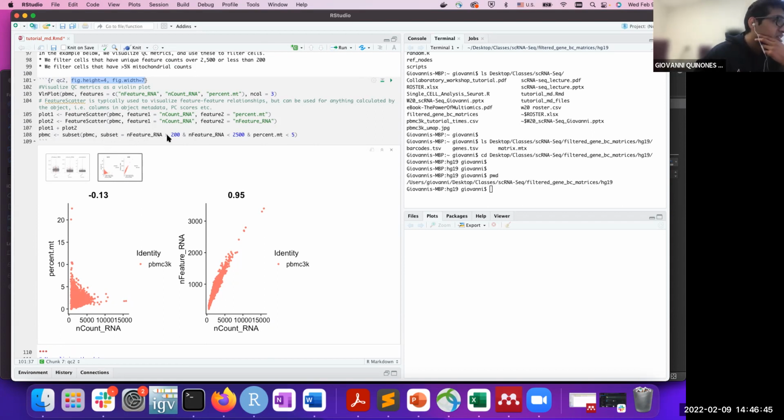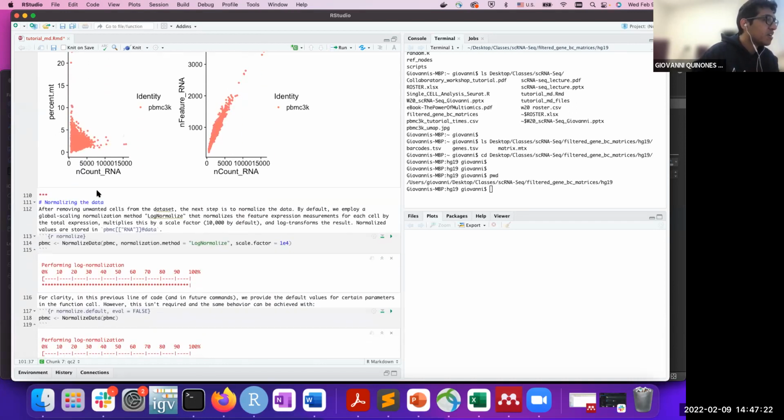We're selecting the cells that have more than 200 genes and less than 2,500, so we're drawing the line somewhere here. And that have mitochondrial RNA concentration less than 5%, so in this plot, we're drawing the line over here. As you can imagine, we're getting rid of a few cells by performing this subsetting.